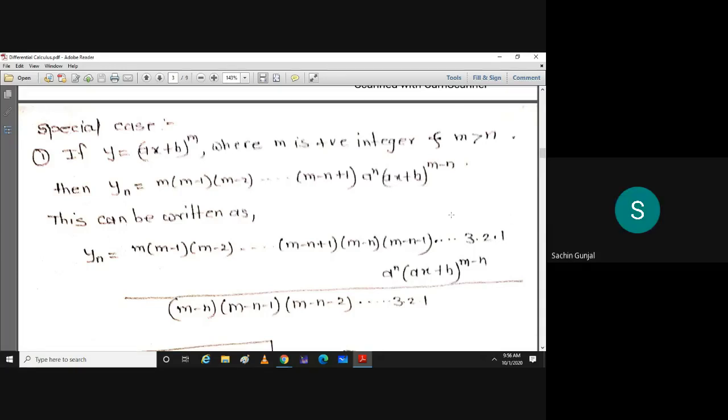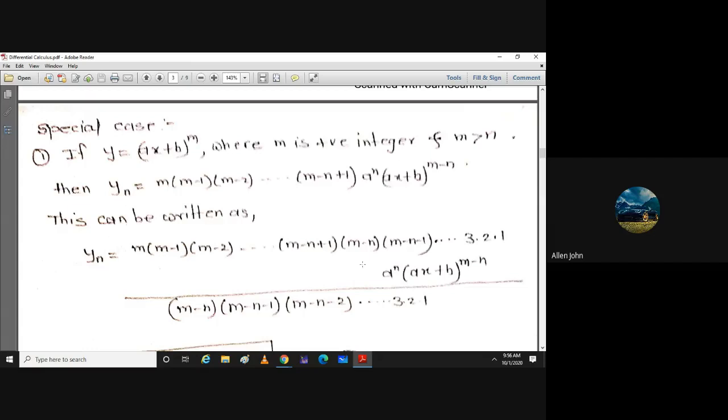If you are talking about the general thing, I'll explain in general. So m, m minus 1, m minus 2 and so on, m minus n plus 1. This is already there. Now what is the next number to it? M minus n, because we are subtracting 1 from each bracket.